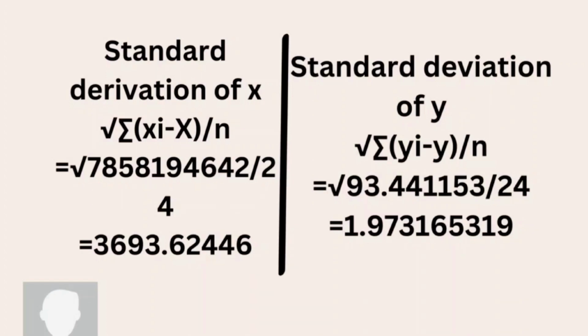I divided by 24 and I got negative 3693.62446. And then I use the same formula for the standard deviation of y. I got 63.441153, so I divided by 24 and I got 1.973165319.